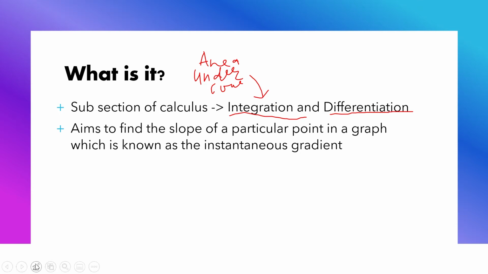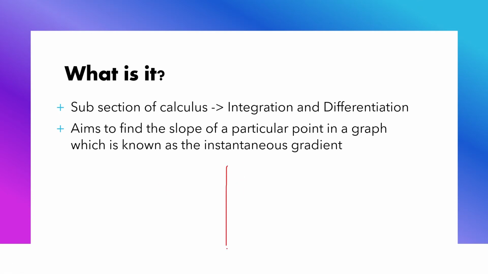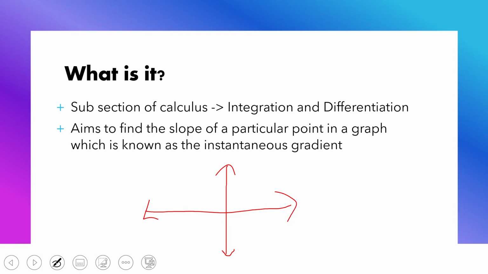To explore differentiation, we'll be looking at a scenario. So let me just erase this real quick. So let's start off with a basic graph, a basic linear line like this. Let's say if someone asks you to find the gradient at a specific point, let's say gradient at this point here, right?